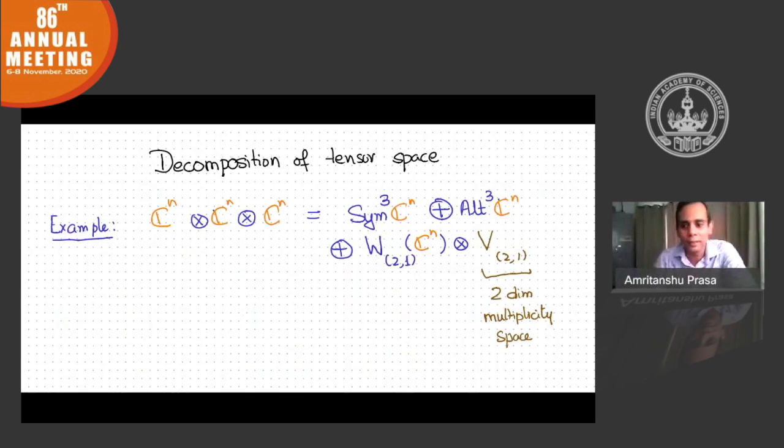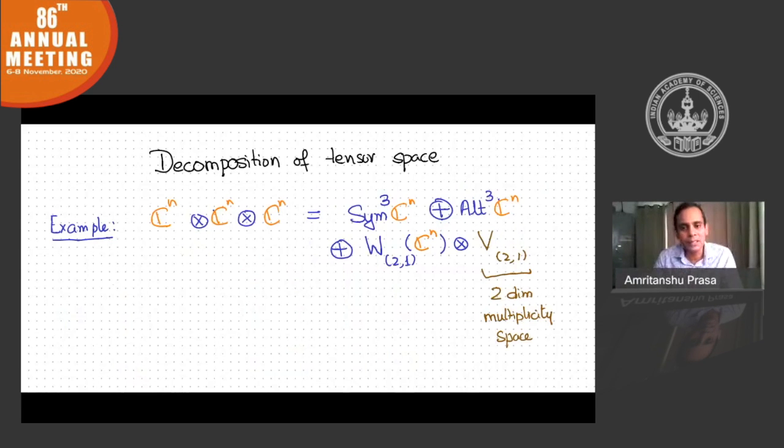Among these tensors, you have the symmetric tensors, which do not change at all when you permute the 3 components, and then you have alternating tensors, which change by the sign of a permutation. When you interchange, say, 2 of the tensor factors, the sign changes.